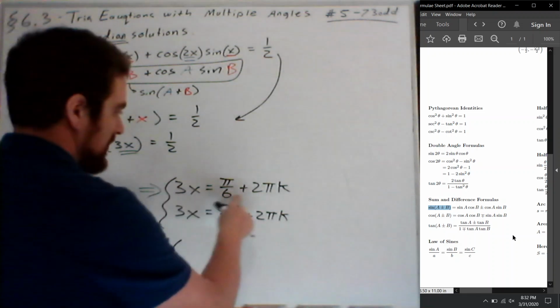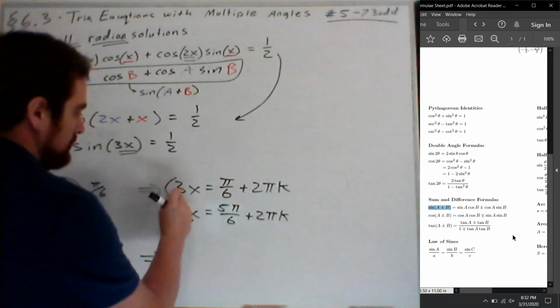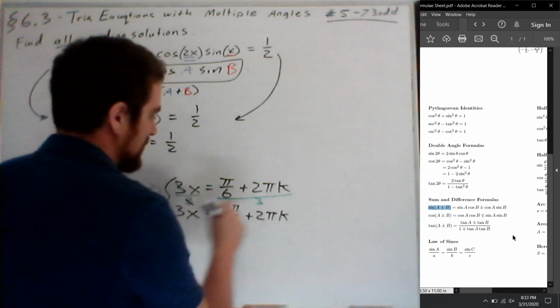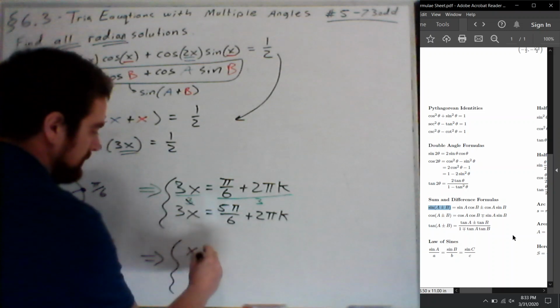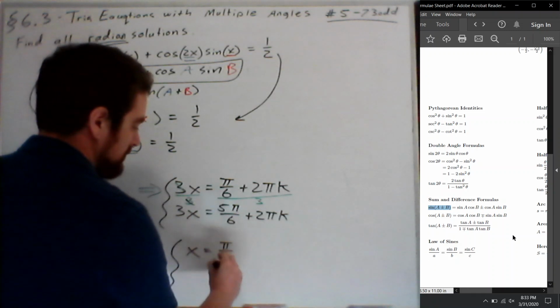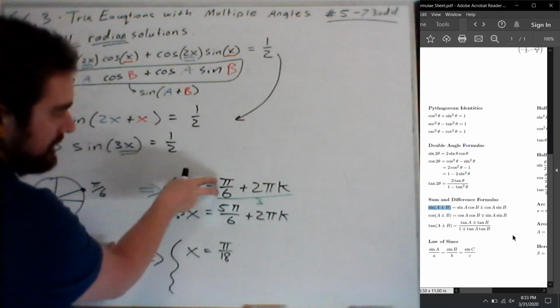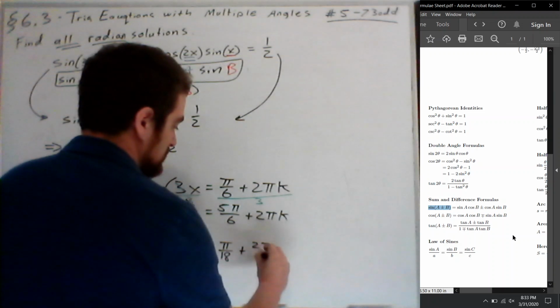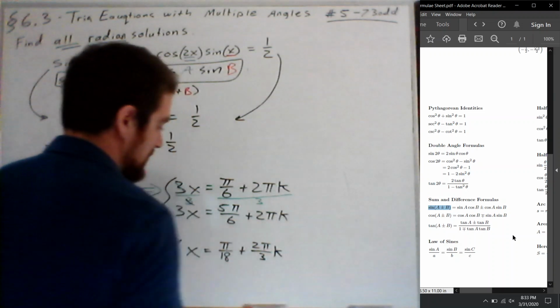So I do have to divide everything by 3. Now, when I'm dividing by 3, I'll get x is equal to, so pi over 6 divided by 3 is pi over 18. Again, think about pi over 6 multiplied by the reciprocal 1/3, plus this is just stuck 2 pi over 3k.